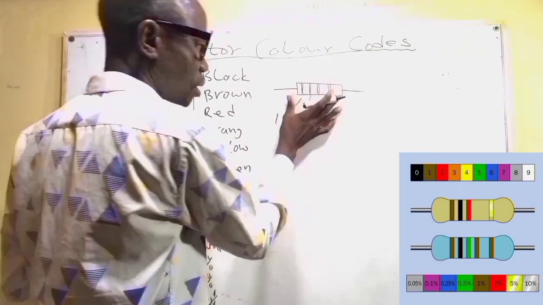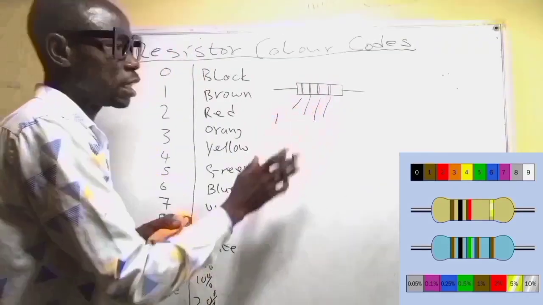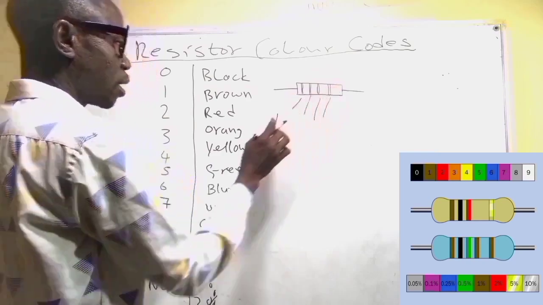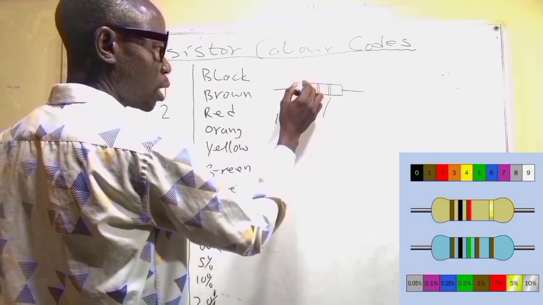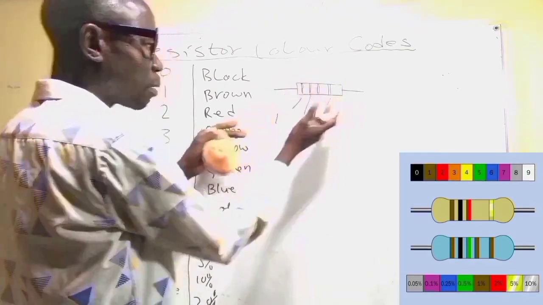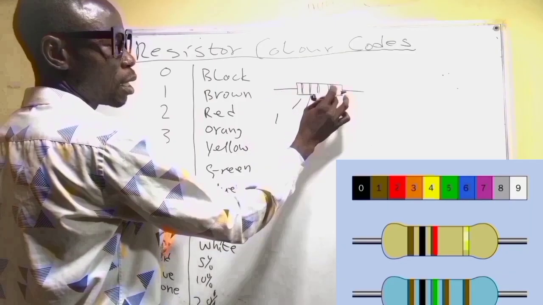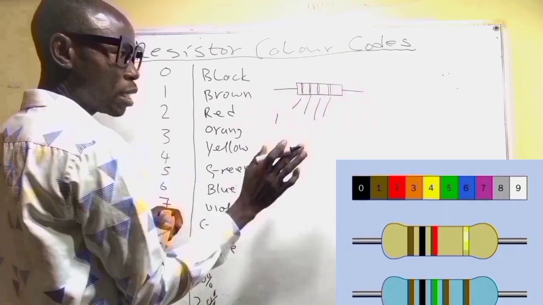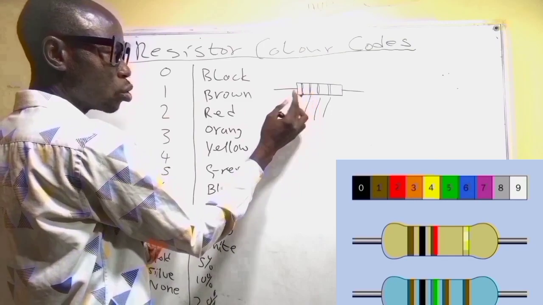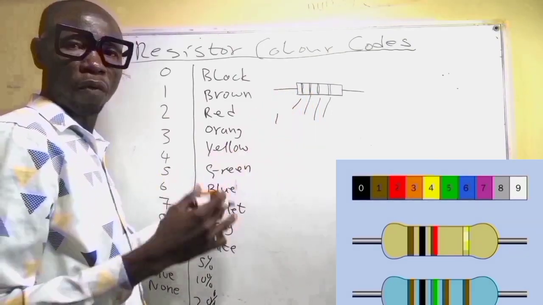So before you can know the value in this resistor, you look at the band which is close to the end. You see, this band is close to the end, so you start from here. You will not start counting from this other place. Always look at the band close to the end and start with your first band.